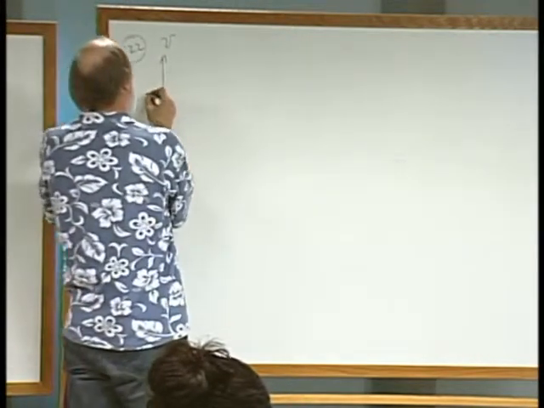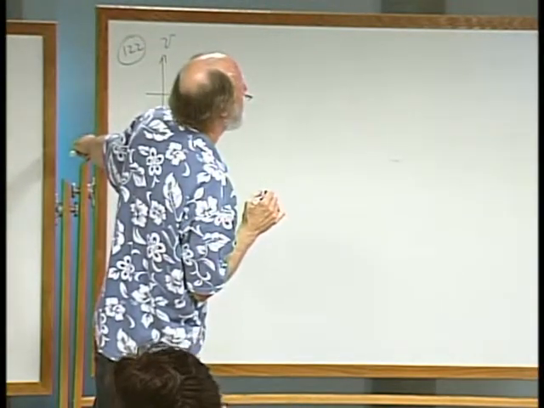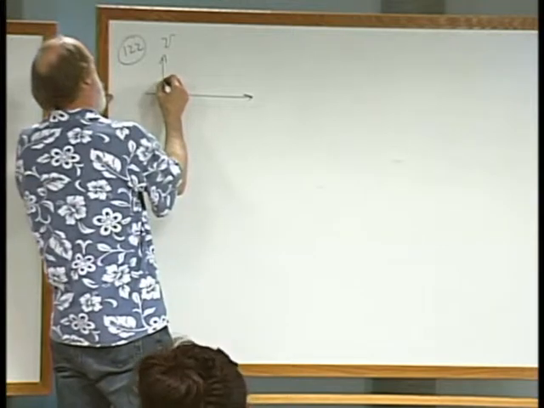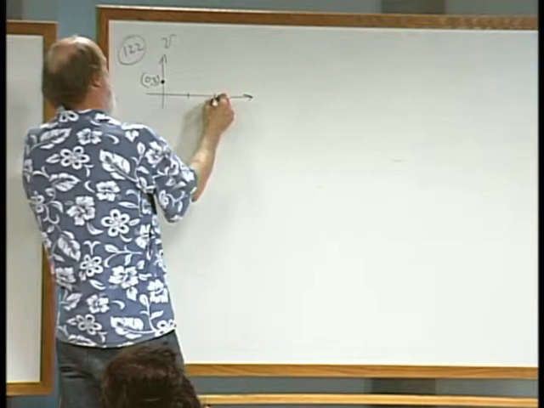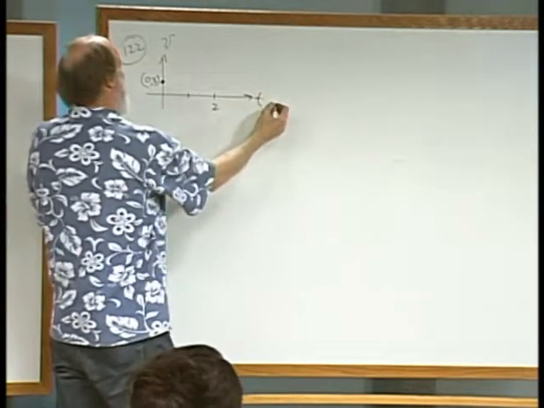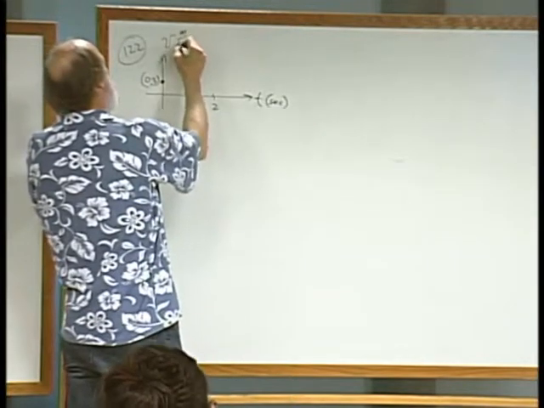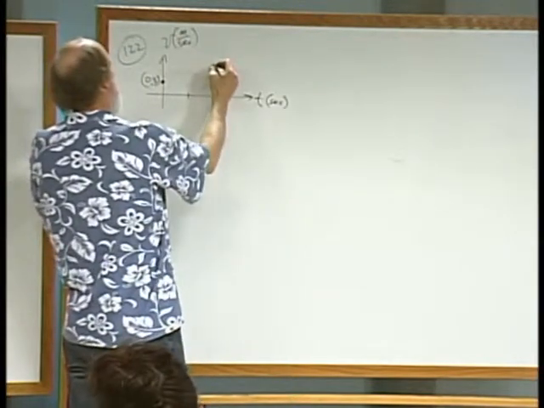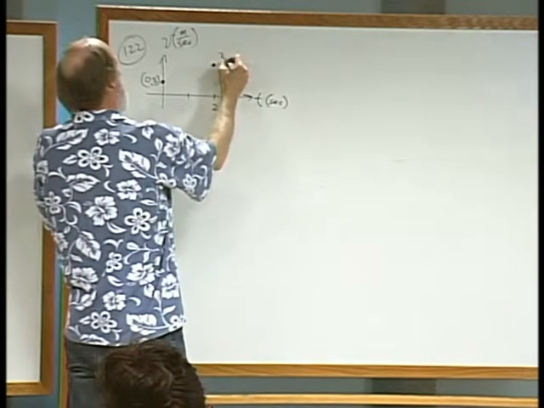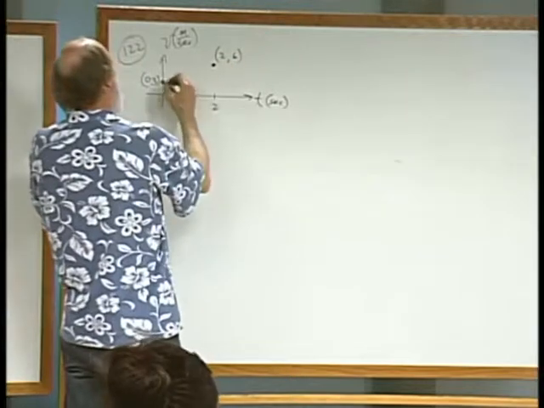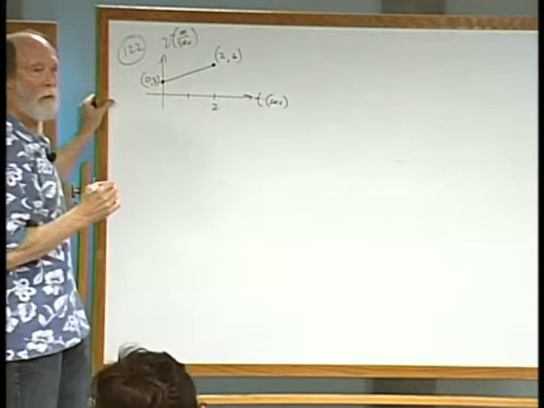The belt speed V is changing over time from a value of 3 meters per second to 6 meters per second in 2 seconds. And it says uniformly. Okay?